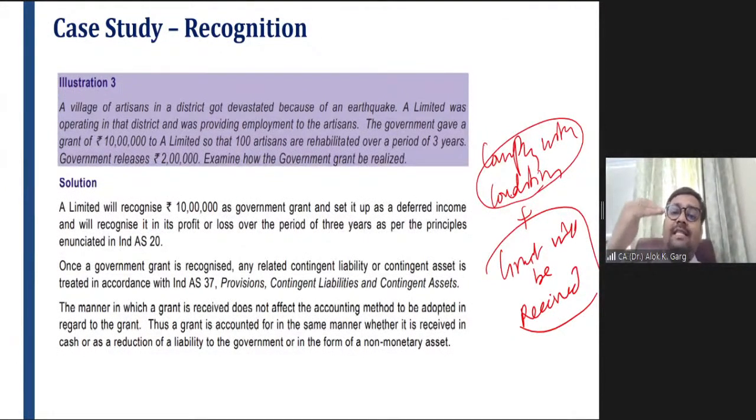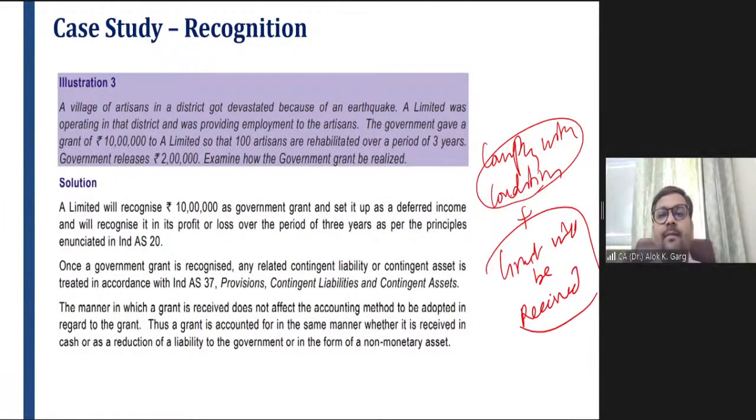So this grant receivable will come under the asset side, and this deferred government grant will come under the liability side. And this deferred government grant will be recognized as income over a period of 3 years. And when the money is received, this grant receivable will be knocked off from the money received. Accounting entry will be bank account debit to grant receivable account. So guys, if there is a reasonable assurance, the grant has to be recognized, but it has to be recognized over a period of 3 years in the P&L.